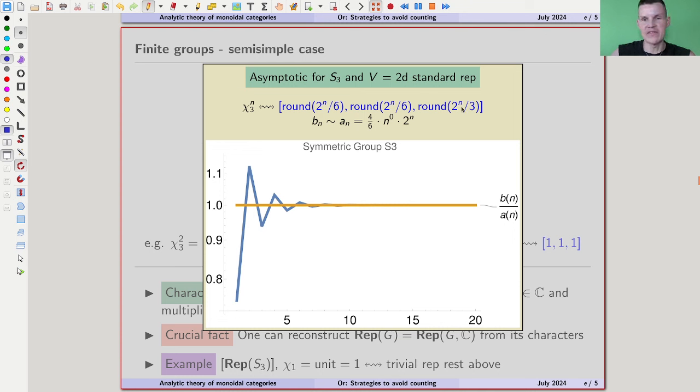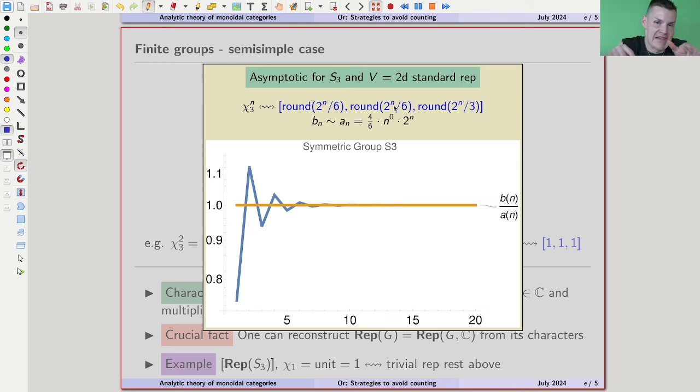It's 2^n over 6 essentially, or 2^n over 3, depending a bit on what entry you look at. And in particular, the formula itself up to this rounding, which you can ignore, because that's a nice thing about doing an analytic asymptotic analysis, is you can ignore those fluctuations.